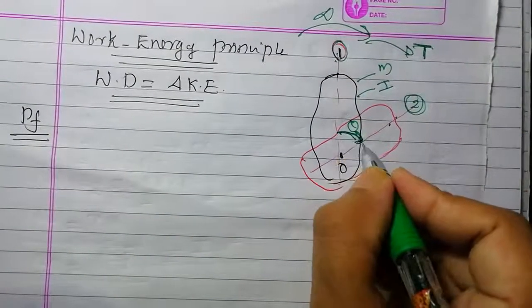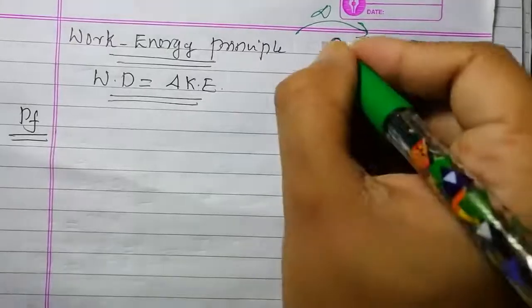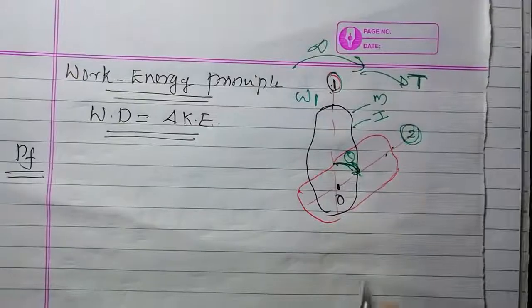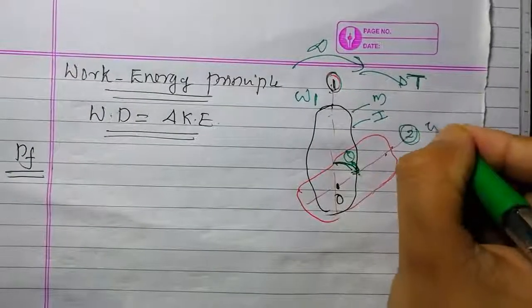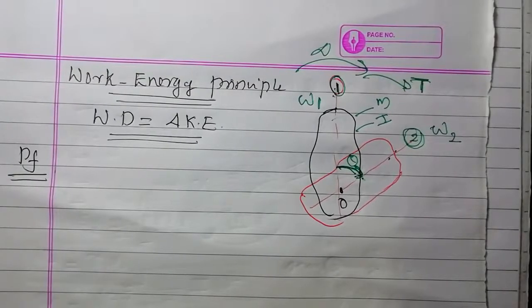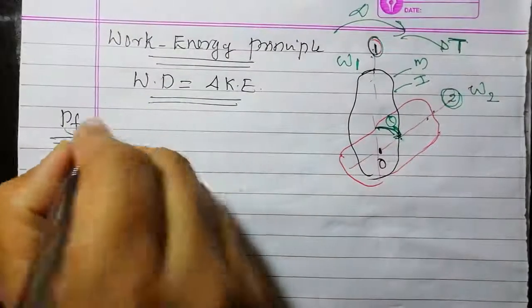The angular displacement is theta. Omega 1 is the initial angular velocity, and omega 2 is the final angular velocity.